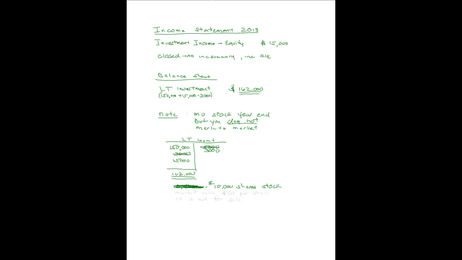The fact that its market value was 20 bucks per share didn't matter. I didn't get into this investment for the short term. I got into it for the long term. It is not for sale. It is for influence. Hey, thanks for joining me for the significant influence method. We'll talk about this in class.